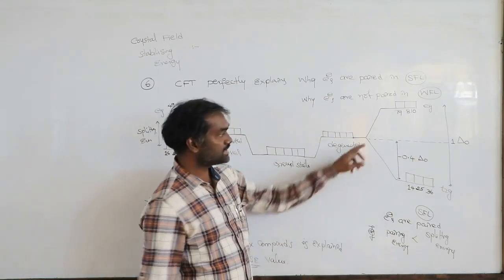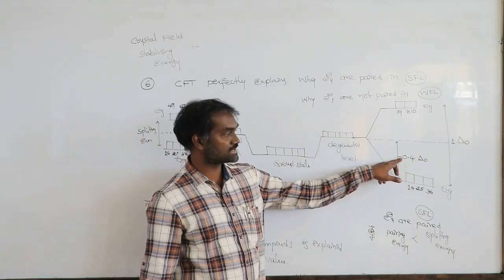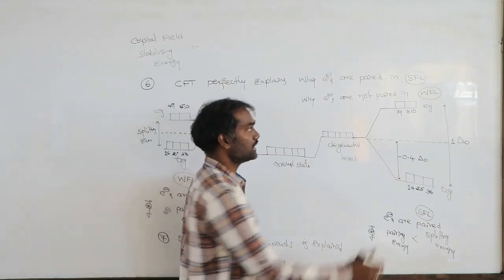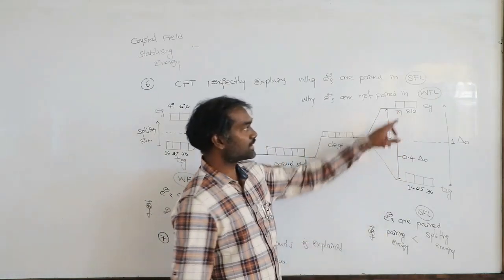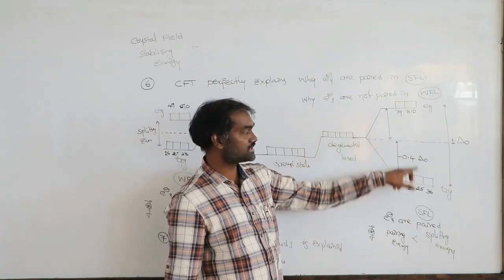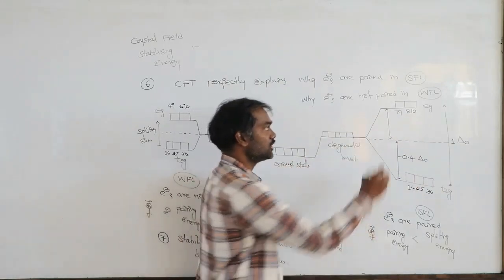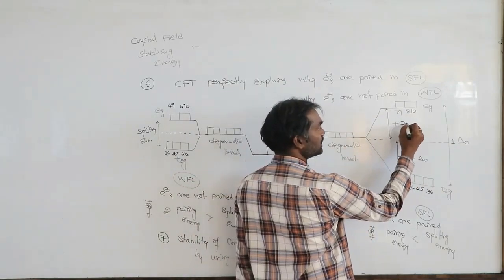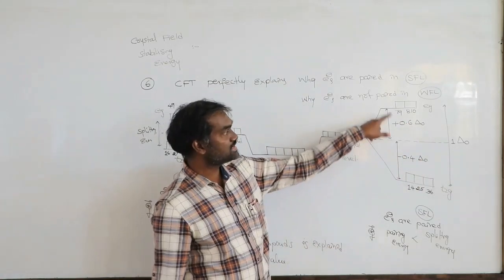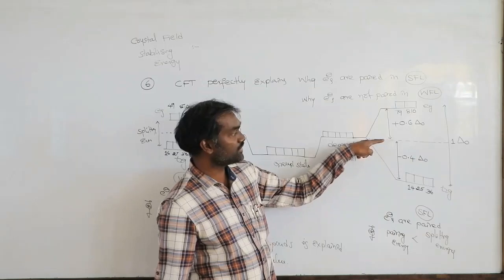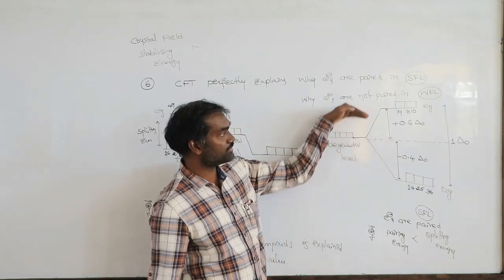So from the degenerated level it decreases, so they are taken as minus 0.4. Next, here 4 electrons are there. To balance this with 6 electrons here, you take plus 0.6 delta 0. So the EG orbitals are moving from the degenerated level to the top side.